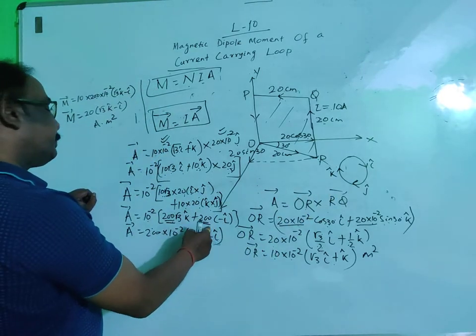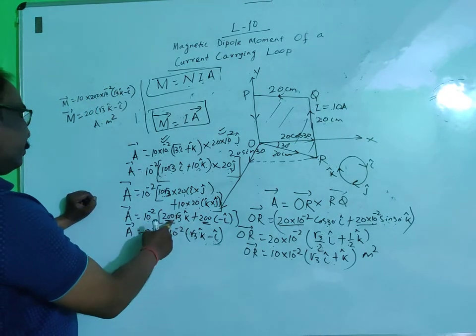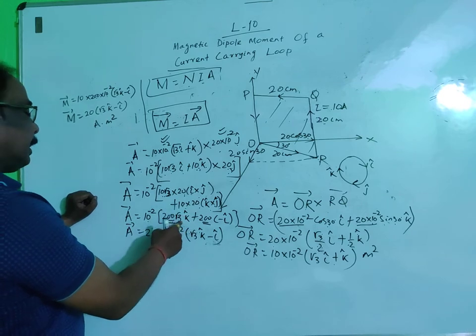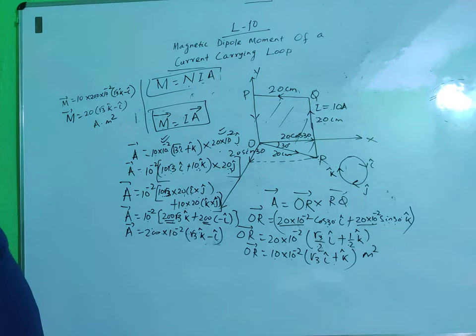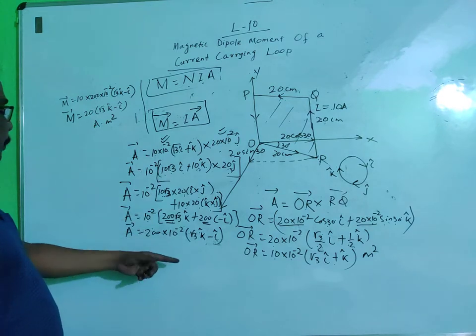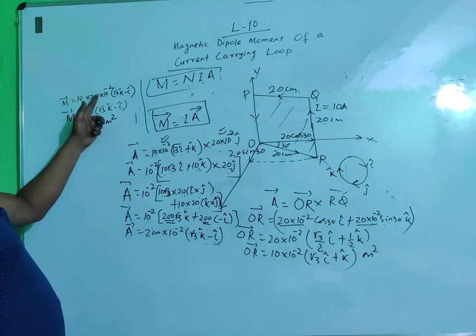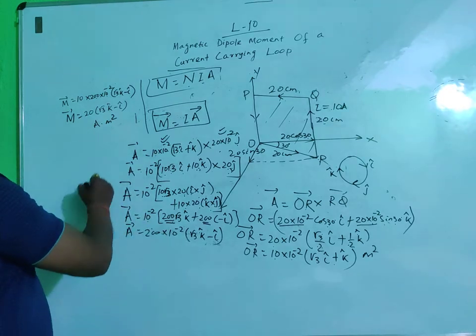Then this is 200, k cap cross j cap is minus i cap. Finally, bring 200 into 10 to the power minus 2 common, and inside the bracket root 3 k cap minus i cap. Then the magnetic dipole moment is I into A; directly put this and into 10, this is 20 into root 3 k cap minus i cap.